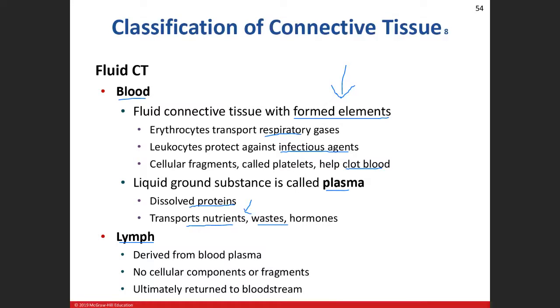And I joke around, and I used to call lymph the sewage system of your body. It's not really. It's basically your blood plasma that got filtered out. So it has no cellular components or even parts of cells. But it gets filtered out because your body loves to recycle stuff. If you sprained your ankle, it gets swollen up.